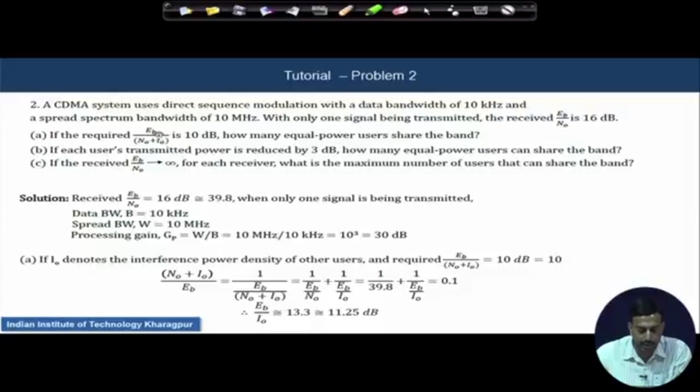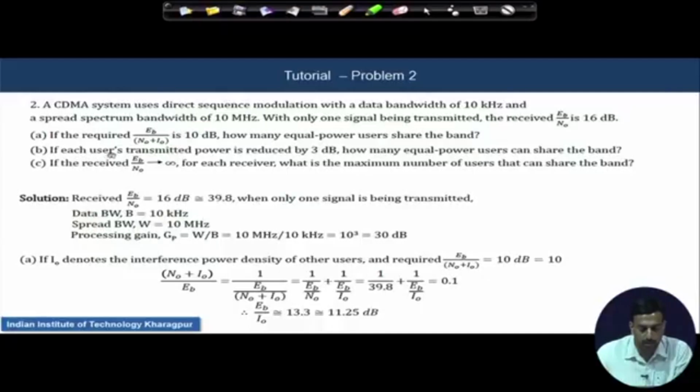And so now, keeping in mind that Eb by N naught for a single user is 16 dB, how many users can the system support if we have an Eb by N naught plus I naught, that is interference PSD, which is also specified, and this ratio now required is 10 dB.